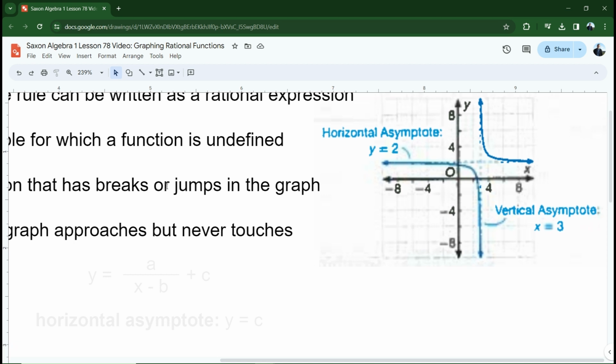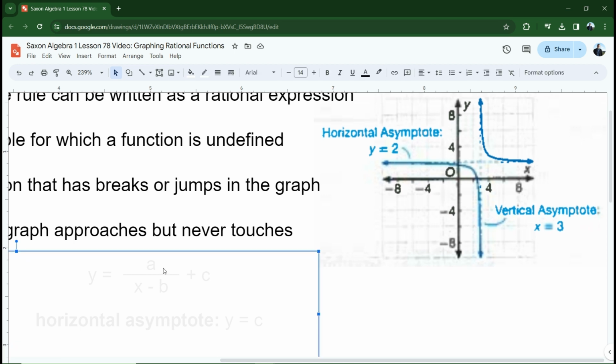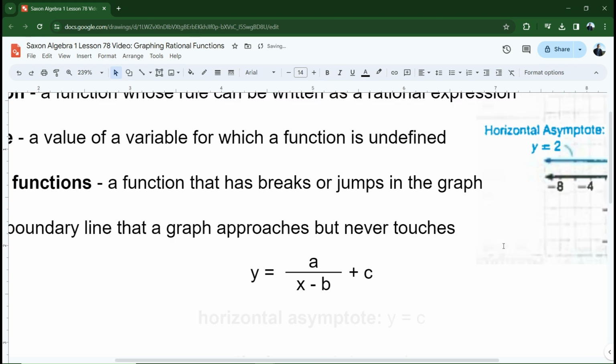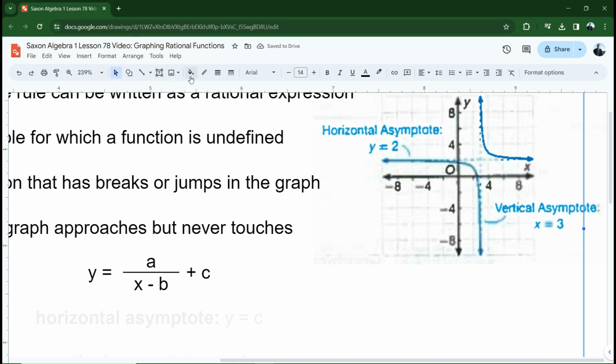Now what I'm going to do is write the equation for this rational function, and equations for rational functions, like this anyway, take on a specific form. It's going to be y equals a letter. I'm not going to know exactly what the letter is here, and that's okay.